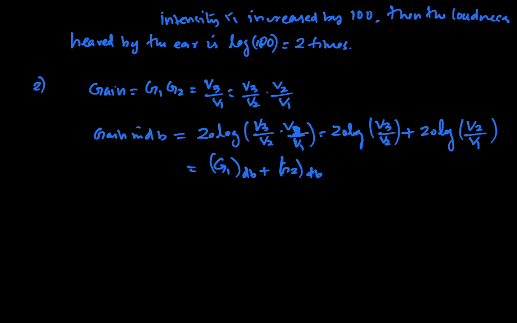But if we are expressing the gain in decibel, the gain is the sum of the decibel gains of the individual stages, and we know that it is far easier to add than multiply. For these 2 reasons, we are expressing the gain of the transistor amplifier in terms of the logarithmic unit or decibel. Thank you.